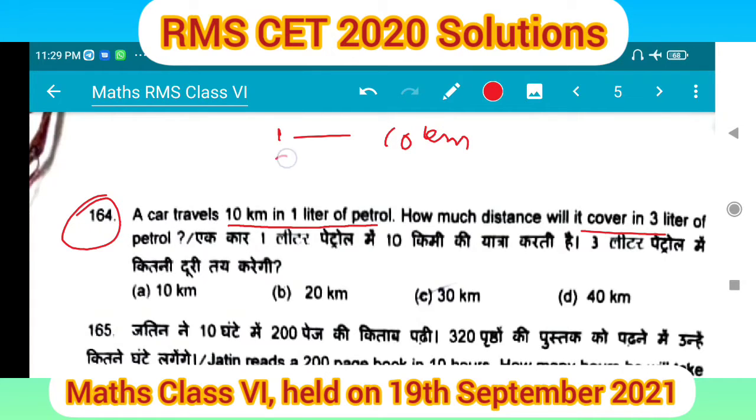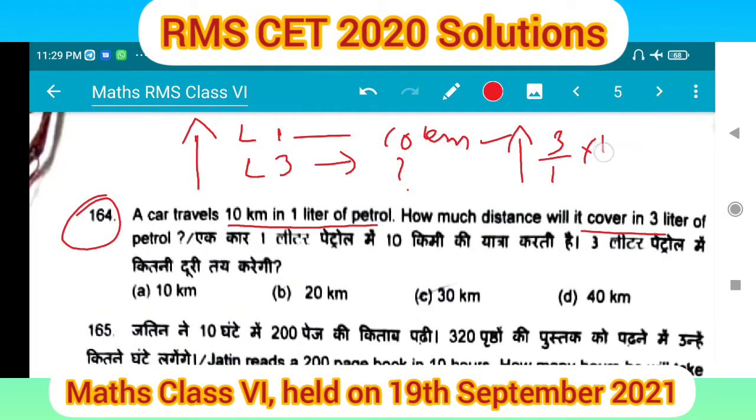In 3 liters, more distance should be covered. Direct variation, so the formula will be more by less. 3 by 1 into the individual value, 10, means 30. So 30 km is the answer.